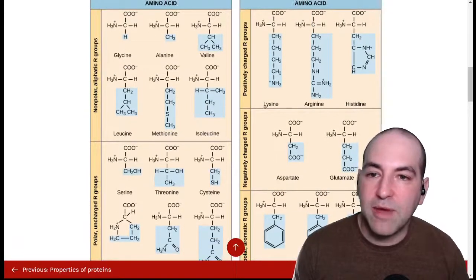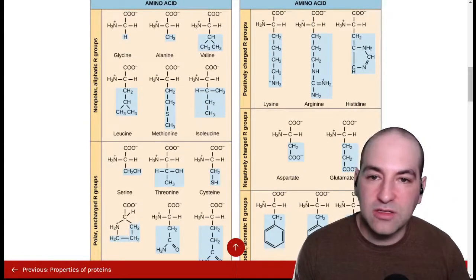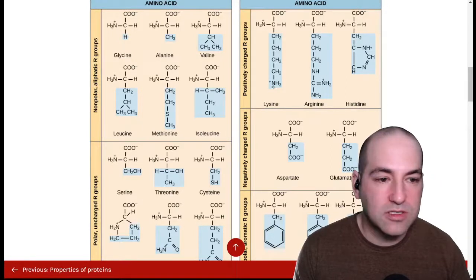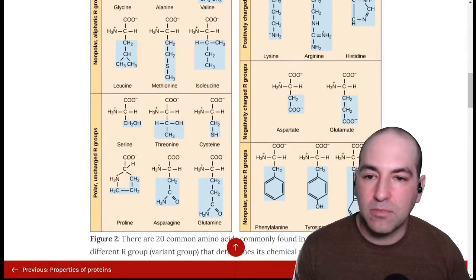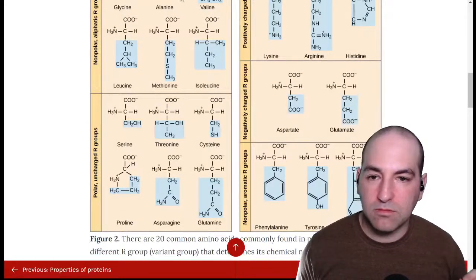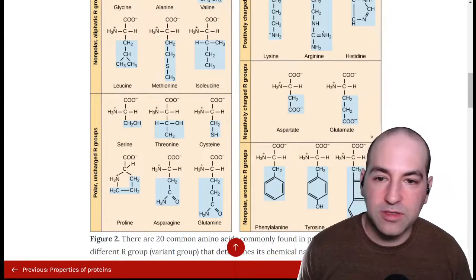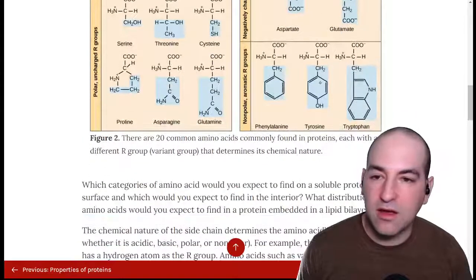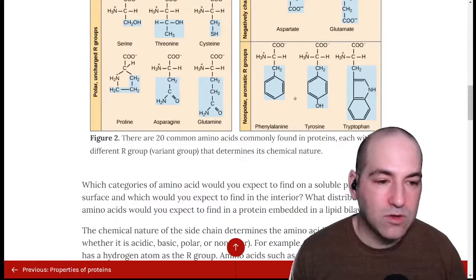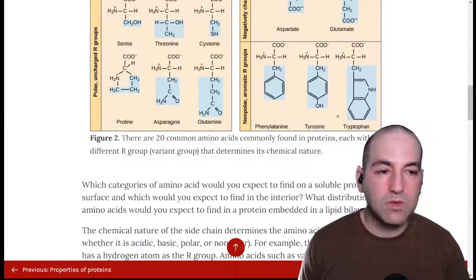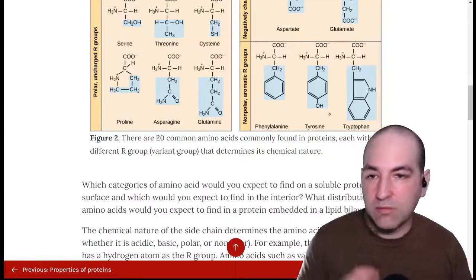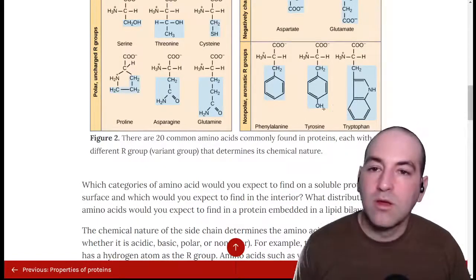You can have positively charged side chains, so there are little pluses on the nitrogens in these over here, as well as some negatively charged ones. And then you can have these big, what are called aromatic groups, these alternating double bond rings, which make them predominantly nonpolar as well. So those are different side chains.